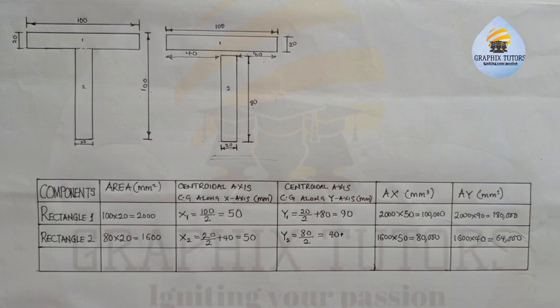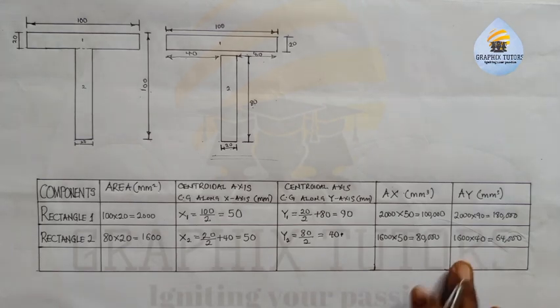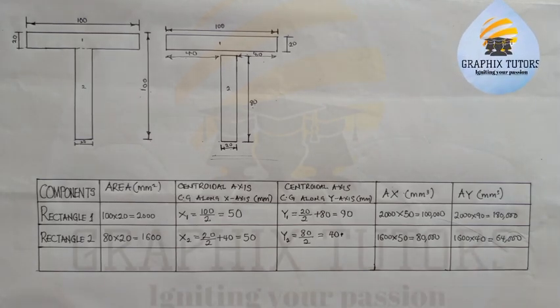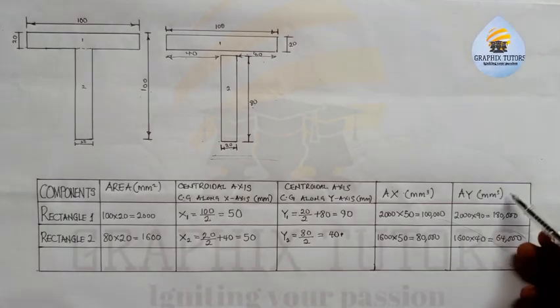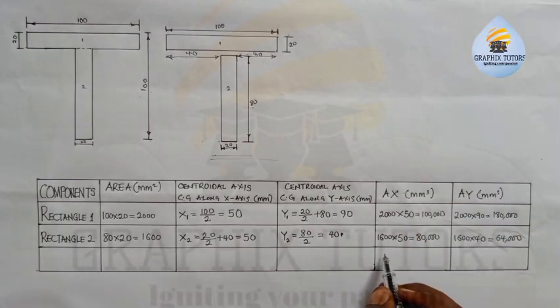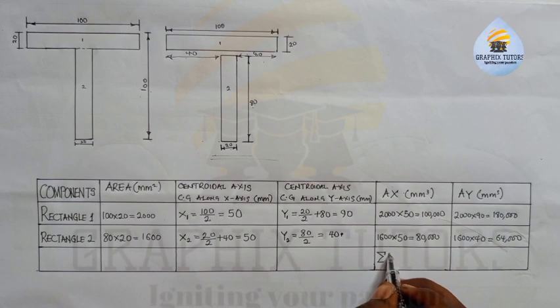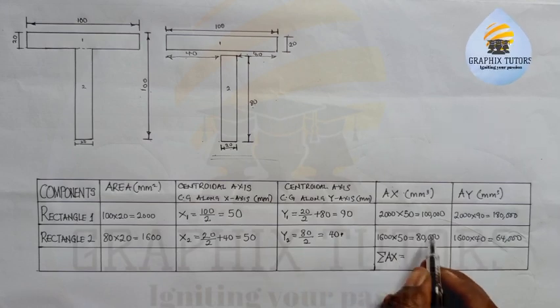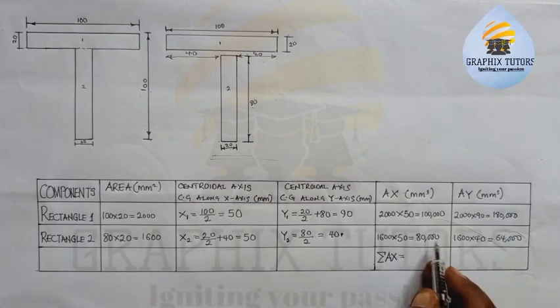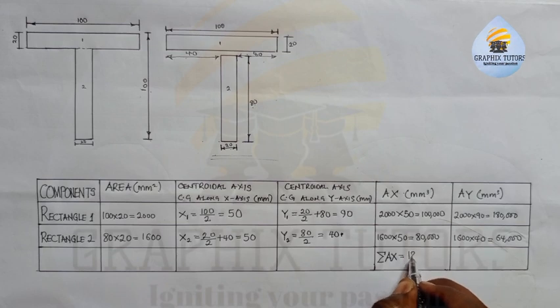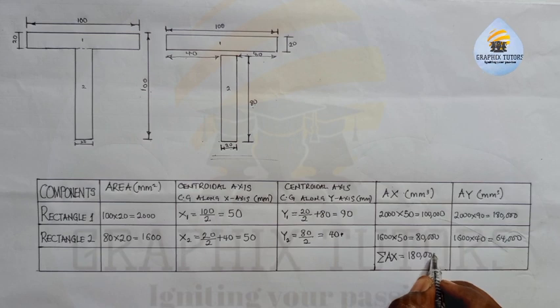Now the next thing is we're going to look for the summation of these figures. So the summation of ax will give us 100 plus 80, that gives us 180,000.